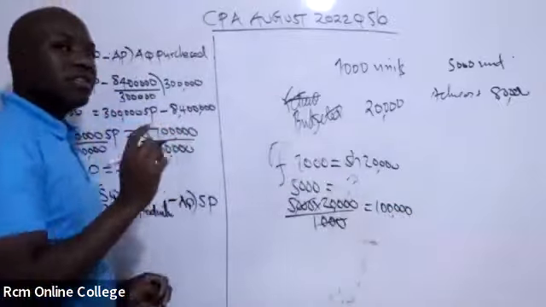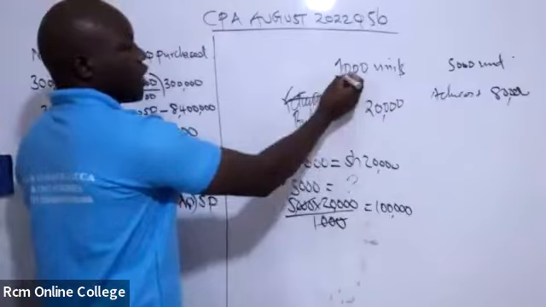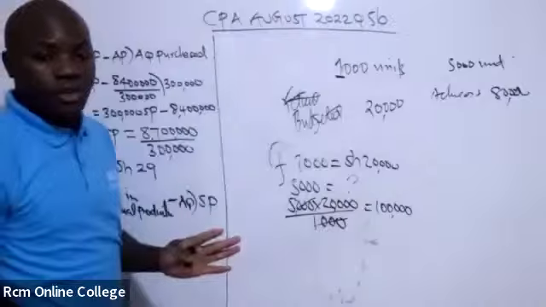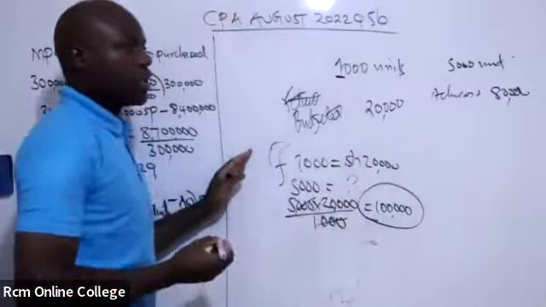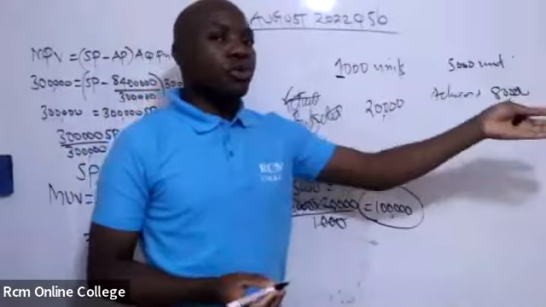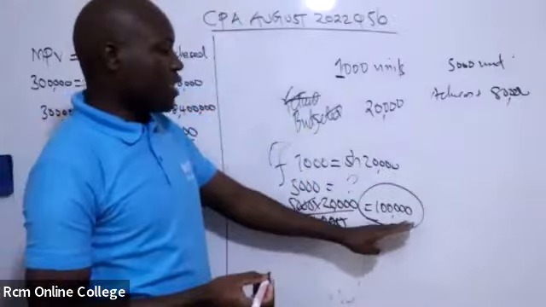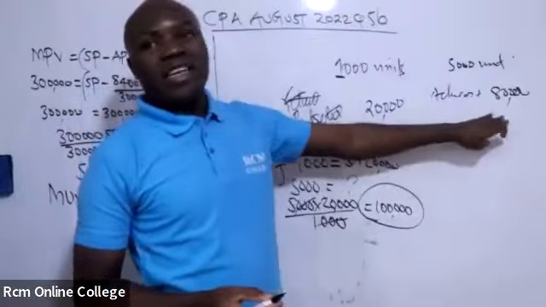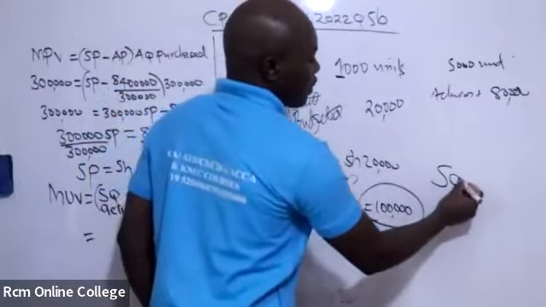So once you equate the units, the budgeted amount for 5,000 units would be 100,000. Then I compare with the 5,000 units actually produced, for which the company incurred 80,000. Your budget was 100,000. You've actually incurred 80,000. You have saved. So we have some savings.